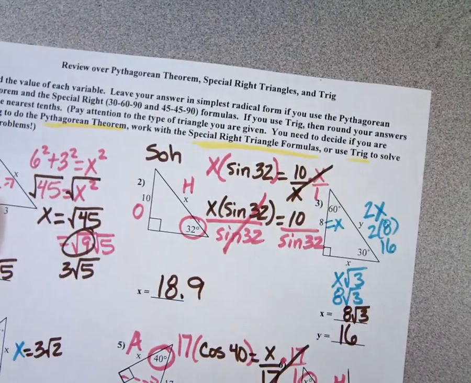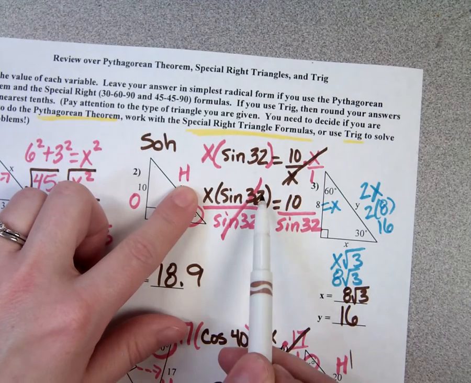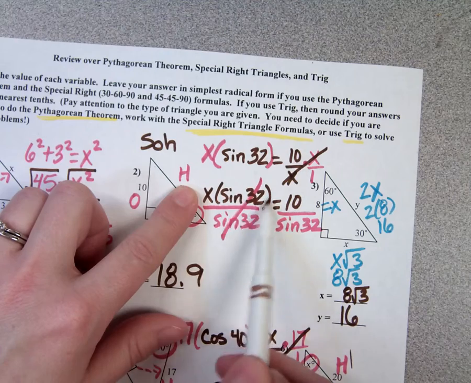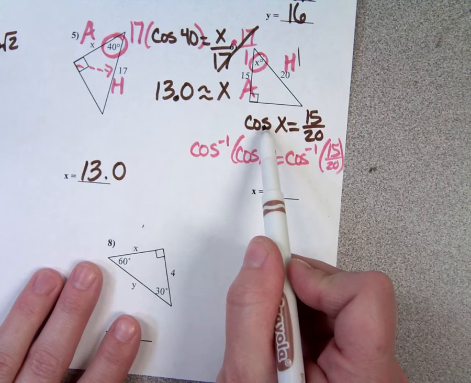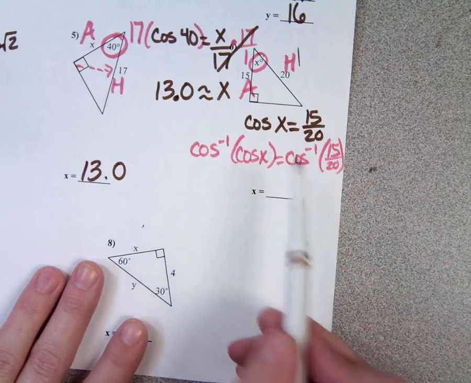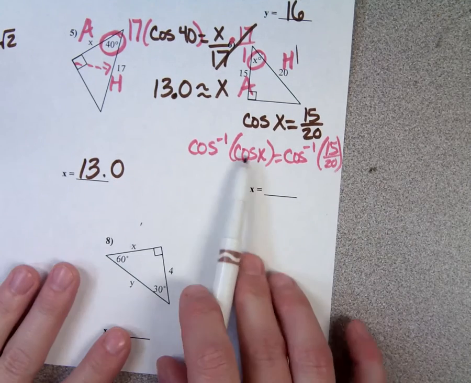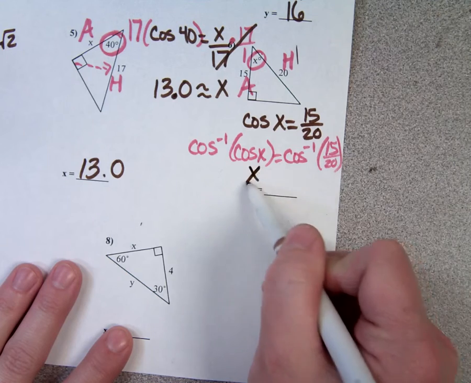Like up here, when x was smushed with the sine of 32, I just divided by it, but the only reason I could do that was because sine had a number behind it. If you just have a sine, cosine, or tangent up against it, you can't divide by it. You have to do what's called the inverse. It's kind of strange. But taking cosine times its inverse just makes those go away, leaving just an x.